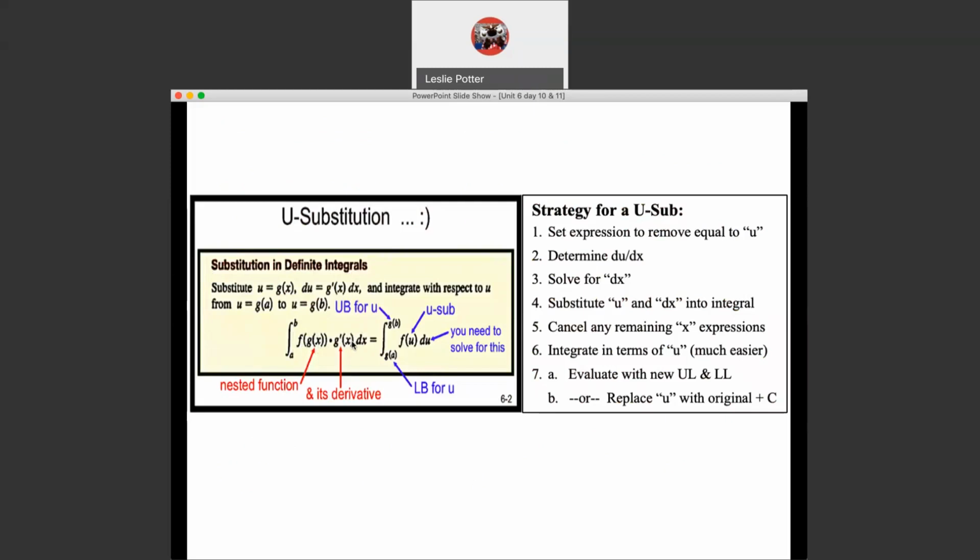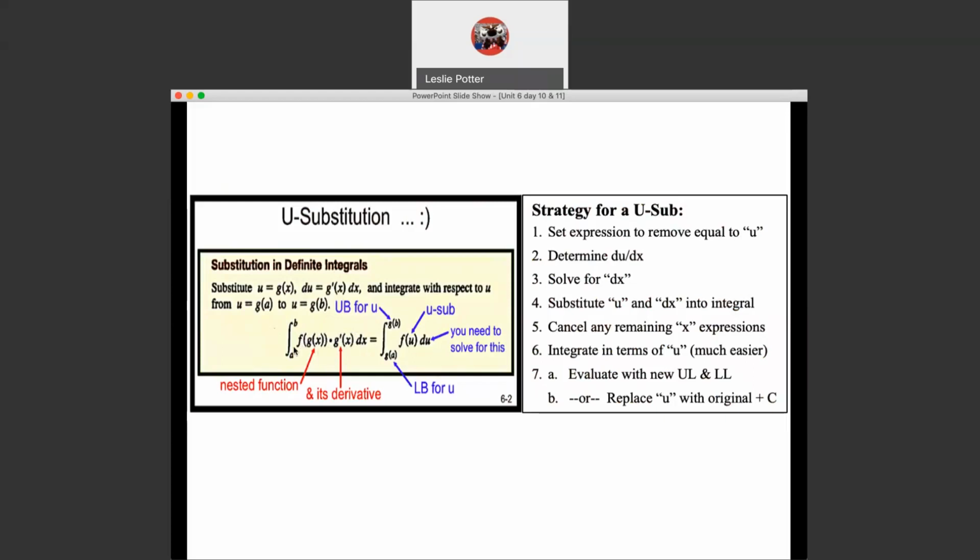We didn't have that. And that is one of the scenarios where that's okay, because the derivative is just a numeric constant and it comes out anyway. I'll show you some examples that follow this pattern quite literally, where we have a composite, and then out here we have the derivative of the inside, because this is the chain rule right here, right?